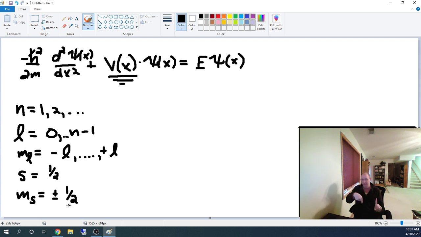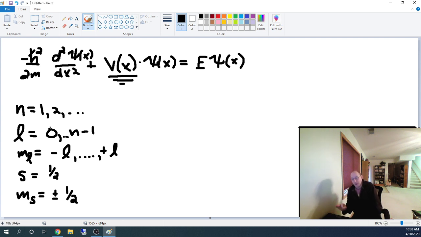Slightly higher energy to have it anti-aligned, it turns out, with the current that's produced by the motion of the electron. And notice that fills the possibilities of the 1, 0, 0 state. I could have plus 1/2 and minus 1/2, and that's it. There are no more states.